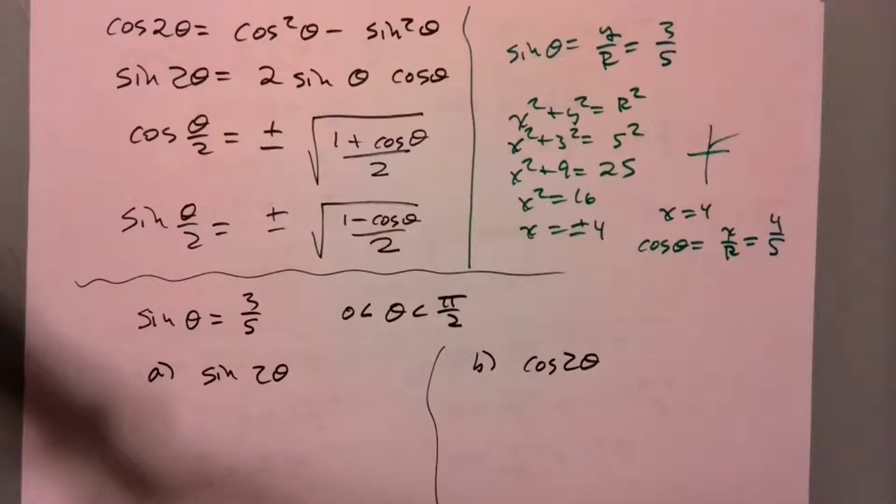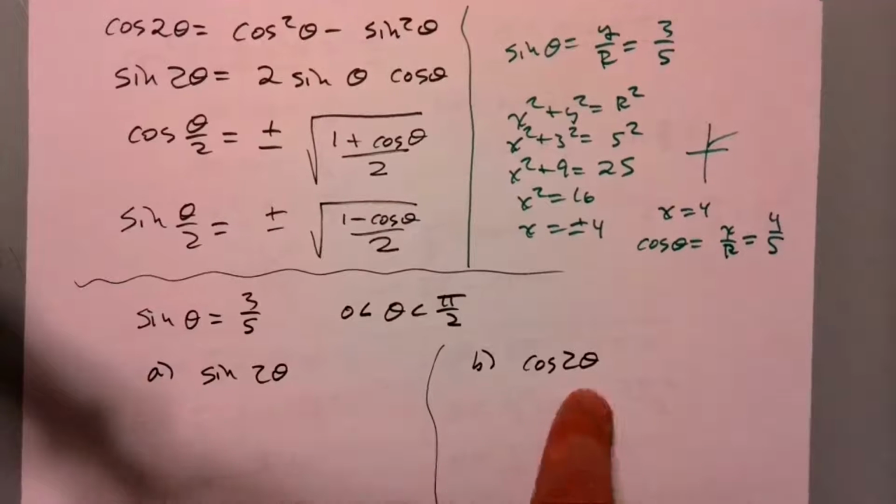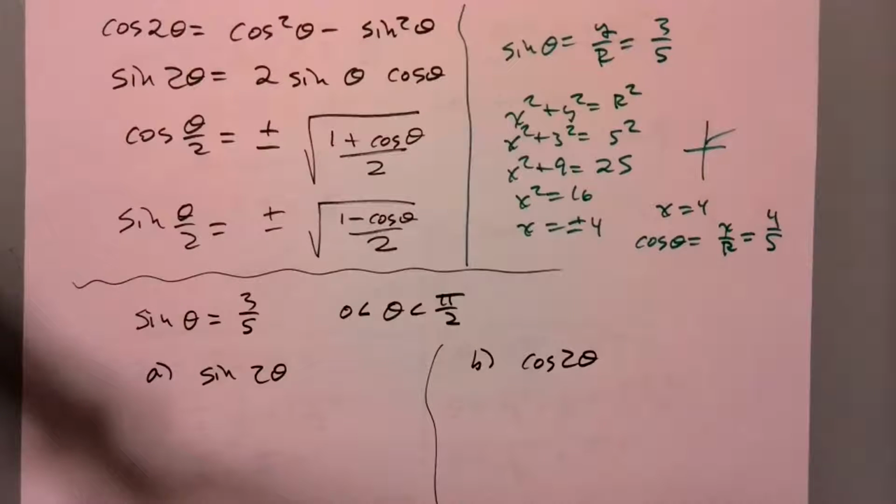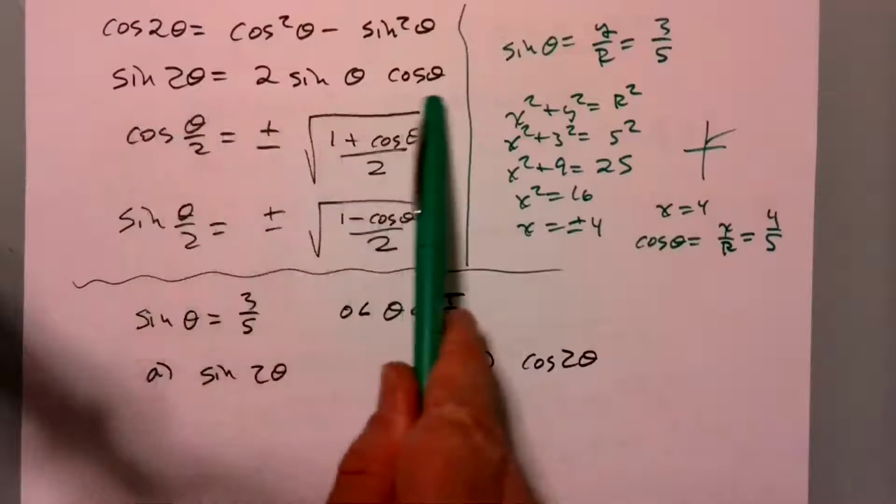All right, so knowing that, then let's see if we can get sine of 2 theta and cos of 2 theta. So again, I'll give you another minute or so to see if you can write that answer in the comment line. And we'll see if we are together. There's your identity for sine of 2 theta.